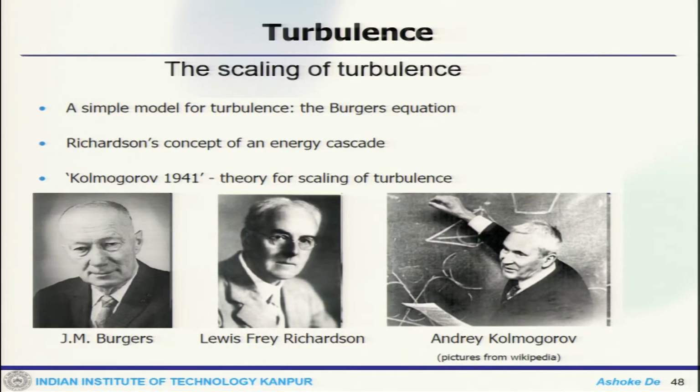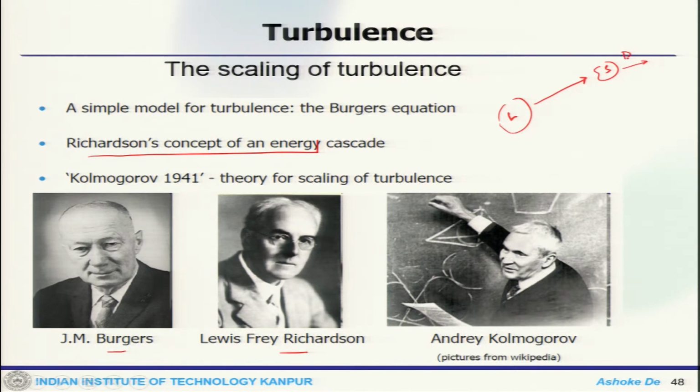Now, the important aspect of turbulence is the scaling. That means we have to somehow quantify the turbulence. The scaling is very important, and there are famous scientists like Burgers, Richardson, and finally Kolmogorov. They proposed different theories. One important theory of Richardson is the energy cascade, which says that energy transfers from large eddies to small eddies and finally is lost through dissipation.